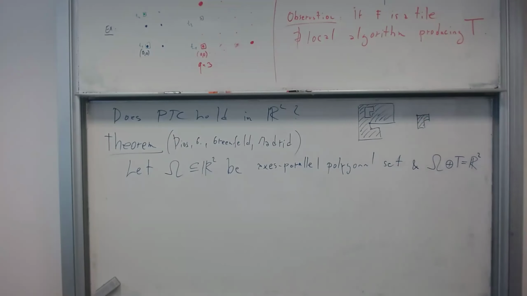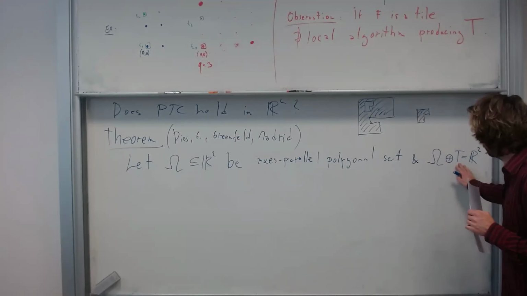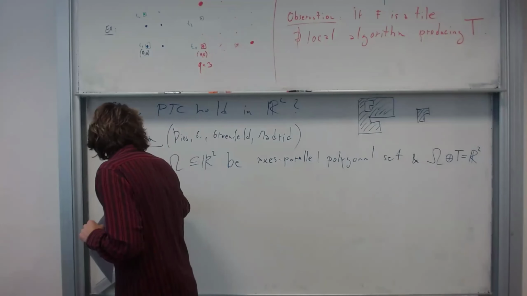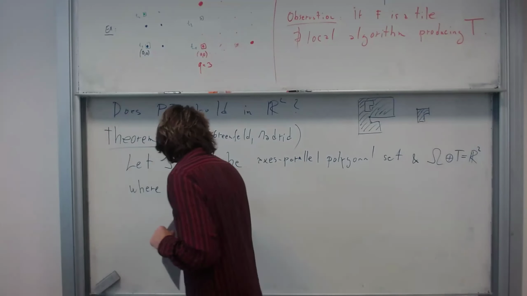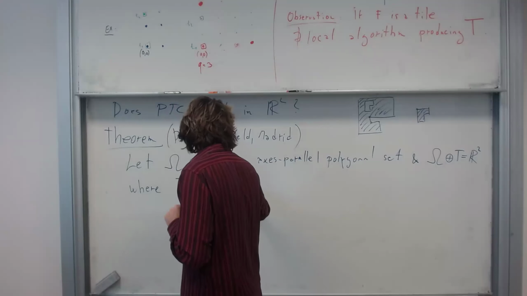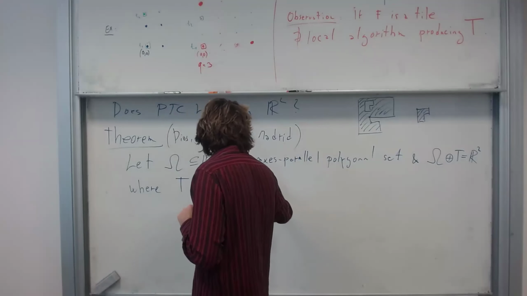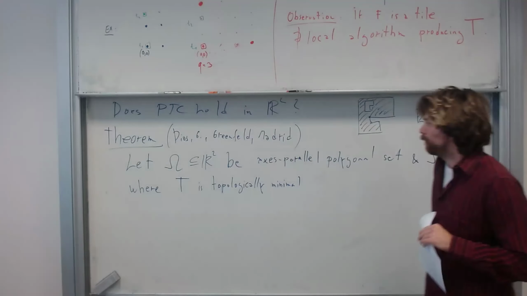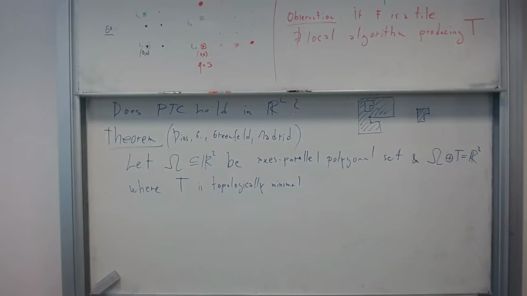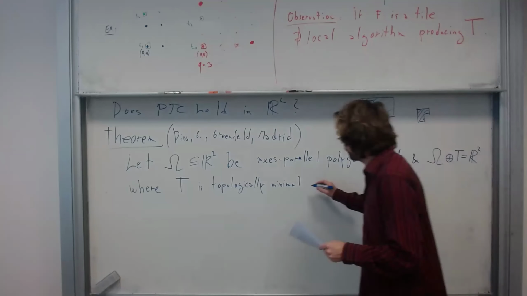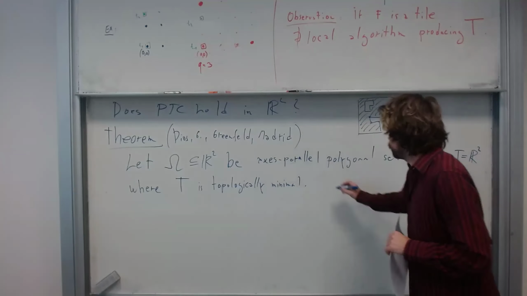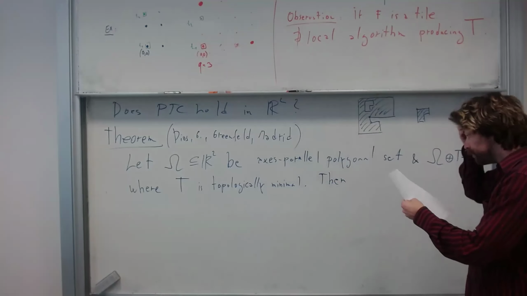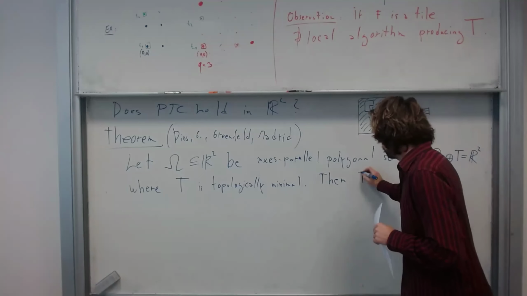I also assume that this T is topologically minimal, which is some property that I might explain later. So then the following holds. First of all, T is weakly periodic.